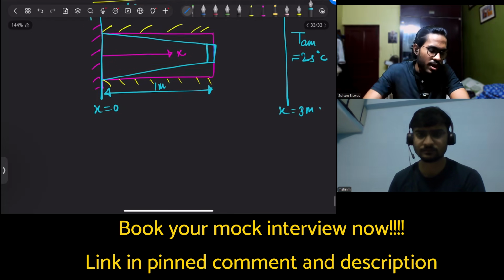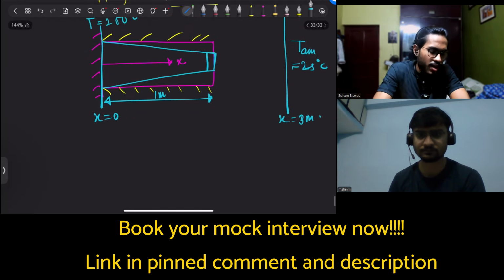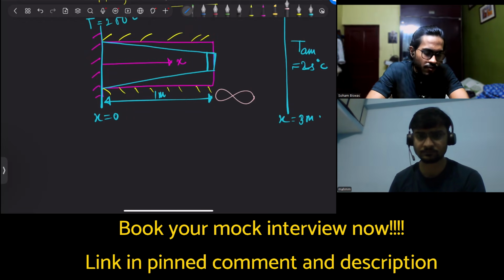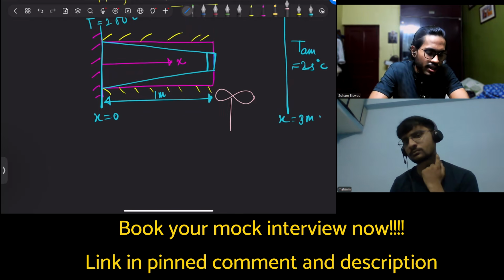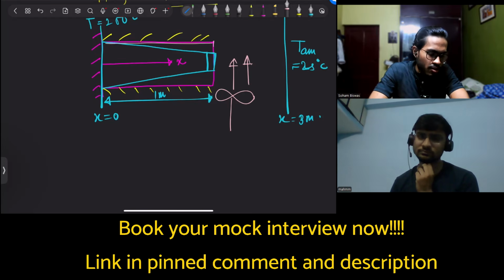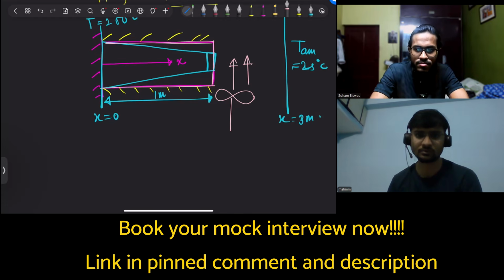So now what will happen if I put a fan here, blowing air in this direction? For the constant cross section, draw it in the same graph.